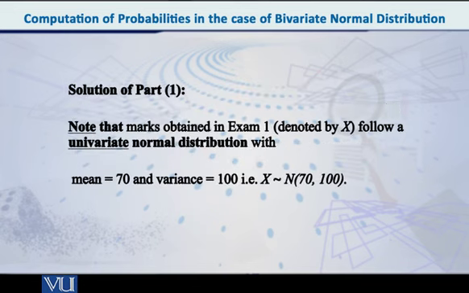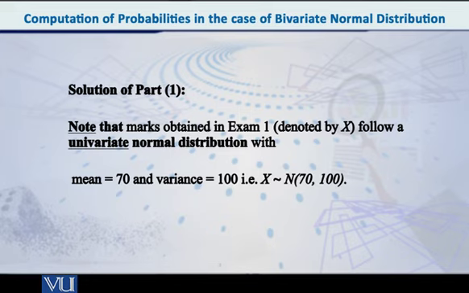As far as the first question is concerned, my dear students, you should realize that this is where we are dealing with the marginal distribution of X. क्योंकि देखिए जब हम सिर्फ एग्ज़ाम 1 की बात कर रहे हैं तो फिर एग्ज़ाम 2 उसके अंदर इन्वॉल्व नहीं हो रहा. तो यही वो सिचुएशन है कि जब एक से हम डील कर रहे हैं तो गोया हम marginal distribution of X से डील कर रहे हैं.